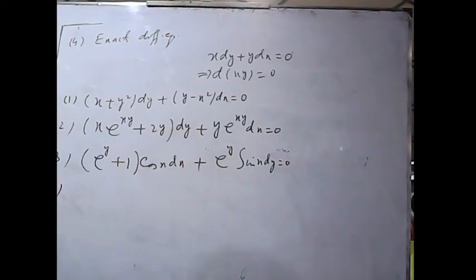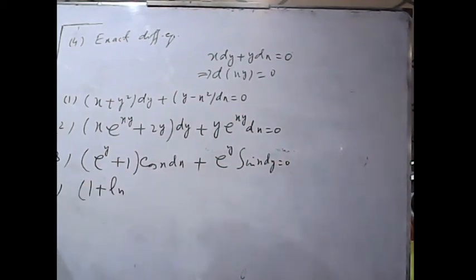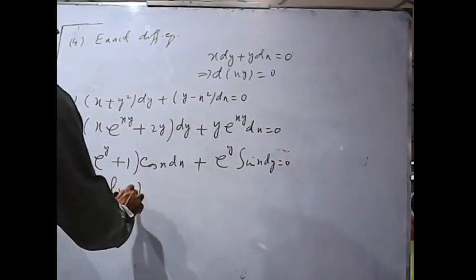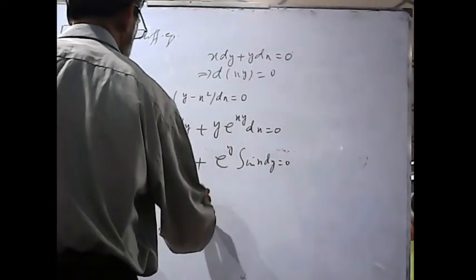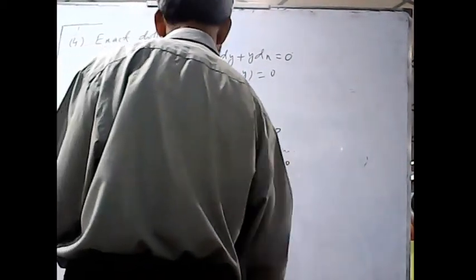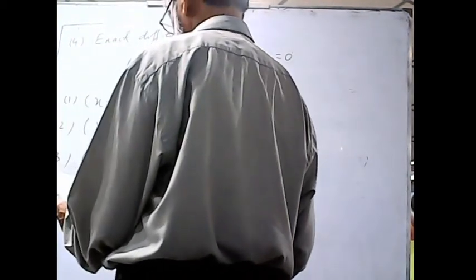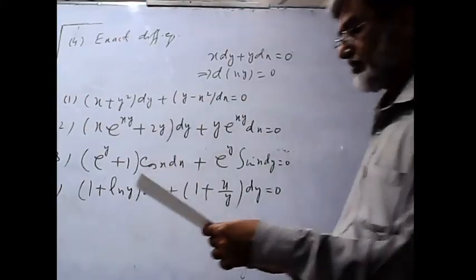Question 4: (1 + log y) dx plus (1 + x/y) dy equal to 0.